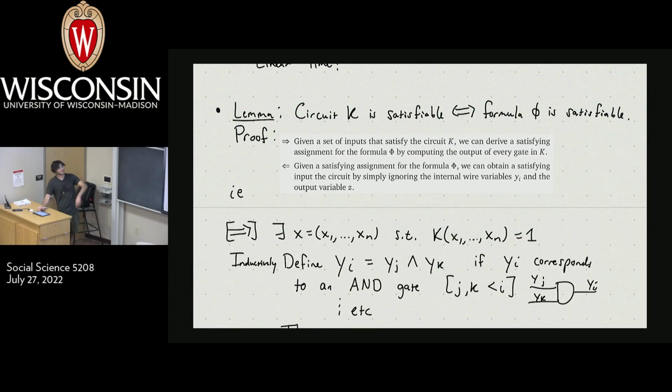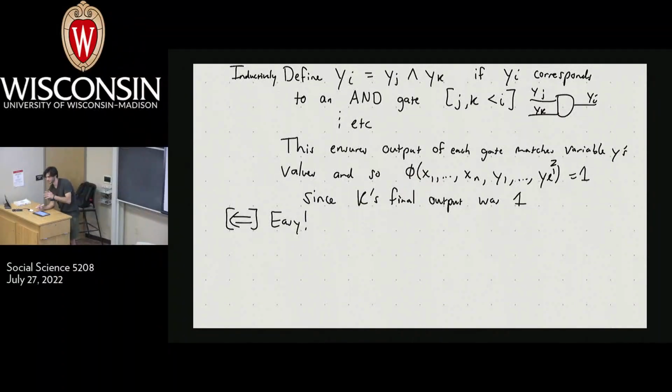Now the other direction's even easier. If I had an assignment for formula phi, so some setting of x, y, and z, we just ignore y and z. That's it. So we had some x, y, and z equals 1.